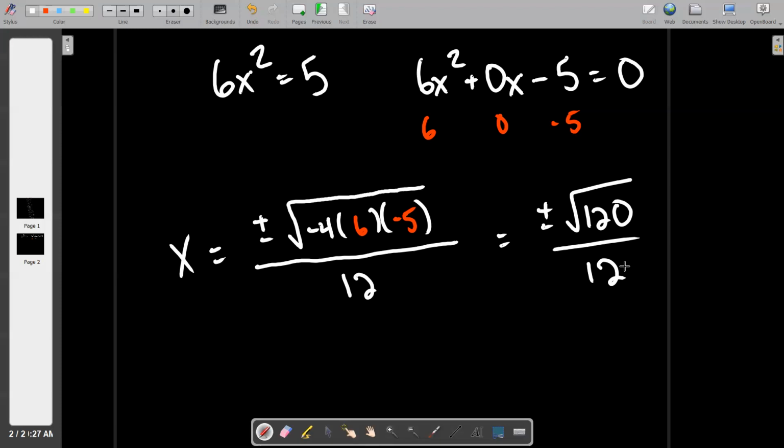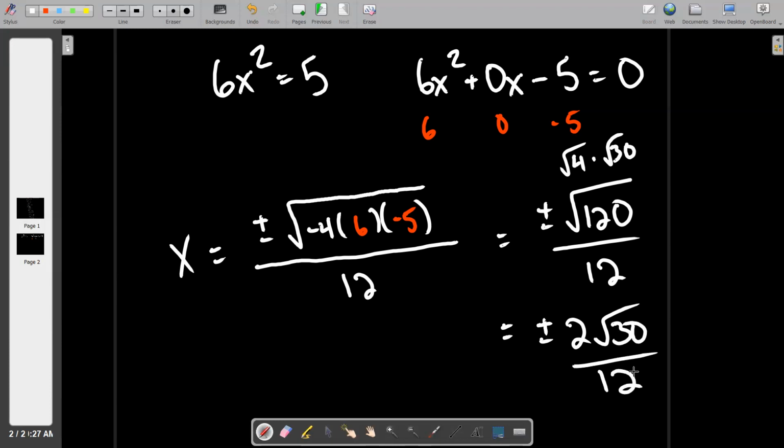So you would break this into the positive or negative of, so if you think of it as root 4, root 30, then you get 2 root 30 over 12. And this time, Sutton, we can do what you wanted to kind of do last time and attack it a little bit more aggressively because the triangle doesn't exist this time. There's a 0 out there that has no relevance.